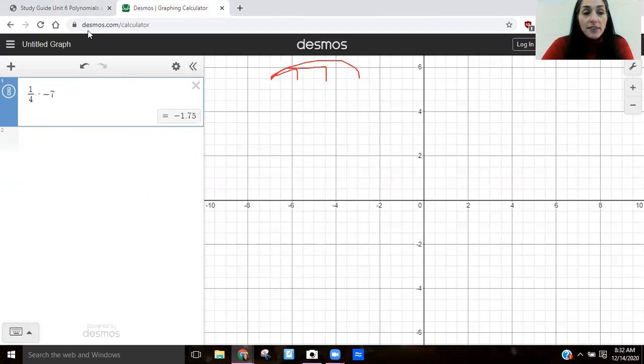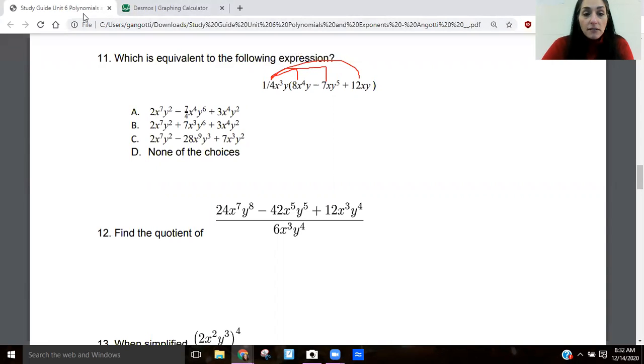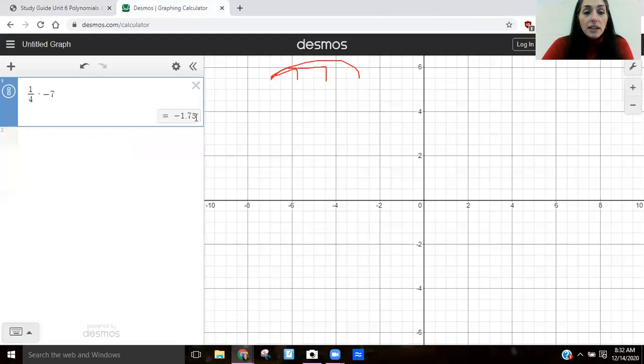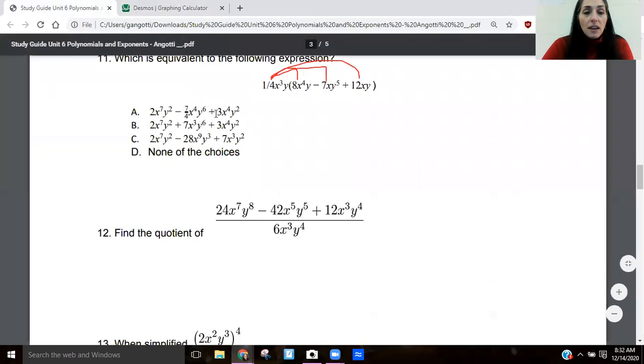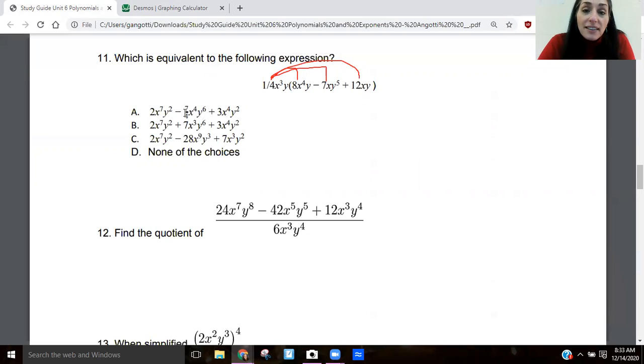So I don't have any decimal answers in my study guide, but I could click on Desmos over here on the side where it has a little fraction button and change that to a fraction. Well, what do you know? We have an answer choice, only one answer choice that has that fraction. So really, we could be done at this point.